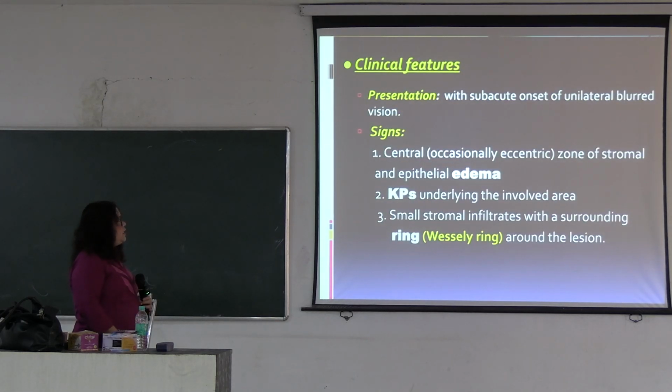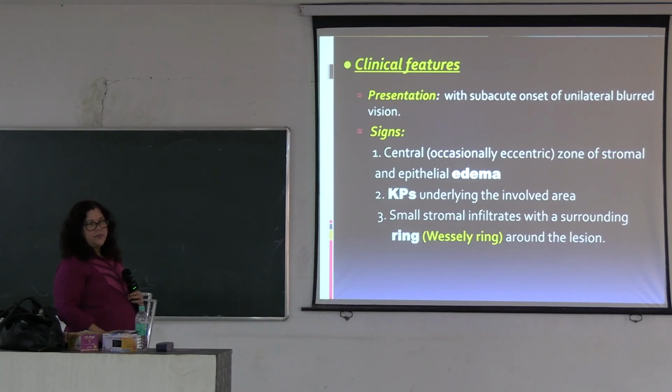So clinical features: it is subacute in onset and unilateral. The patient has blurring of vision. Disciform keratitis affects only the central part of the stroma, and sometimes epithelial edema is also present. KPs are present when the iris is involved, if the patient has iritis, and small stromal infiltrates are also present, forming a ring around the ulcer.